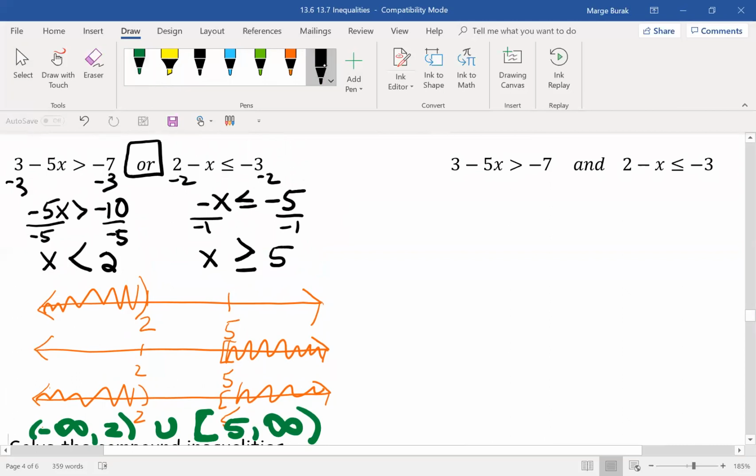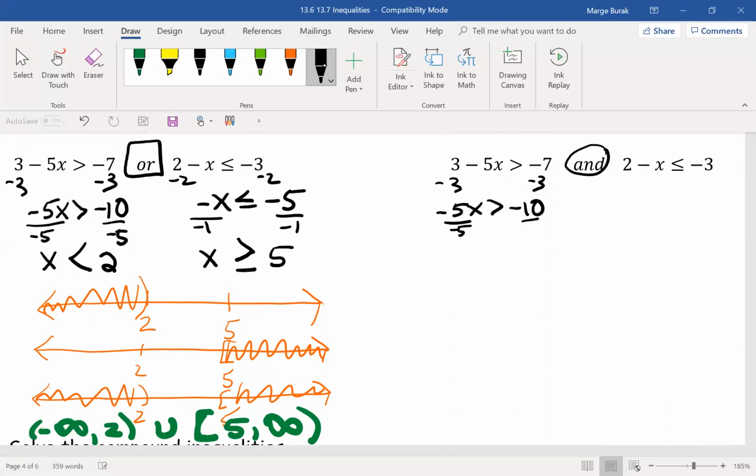All right, now let's do the same problem only with the word "and." All right, so we're going to minus 3 from both sides. I know I already did this, but it doesn't hurt. This is called review. Flip the sign, and this one, negative x is less than or equal to negative 5, divided by negative 1. Flip the sign.